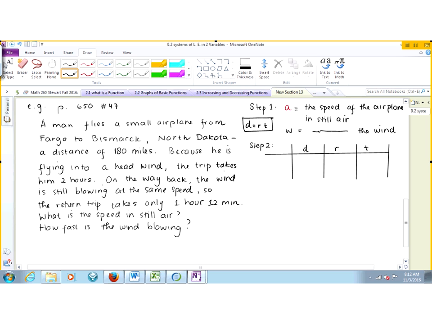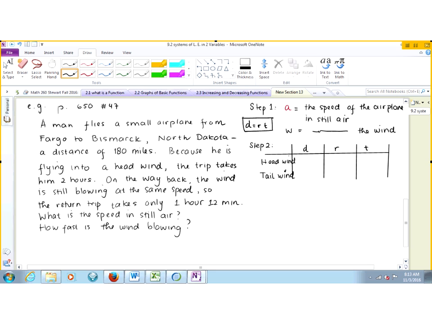Alright, so that is your step 2. Now, what category should I put on my 2 rows? Headwind, and the other one is tailwind, or going forward, and the other one is going back.